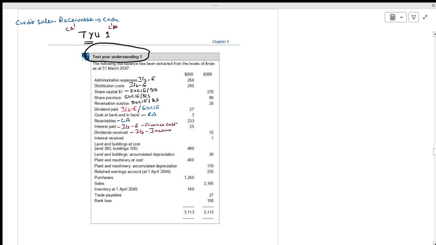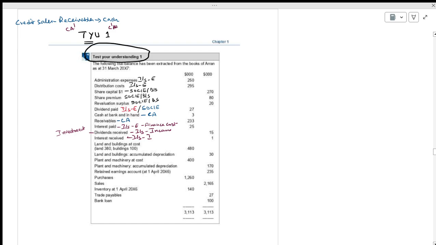Income from where? Income from investment. You have made some investment, and on that investment you have received some dividends. Interest received. Income statement. It is income.